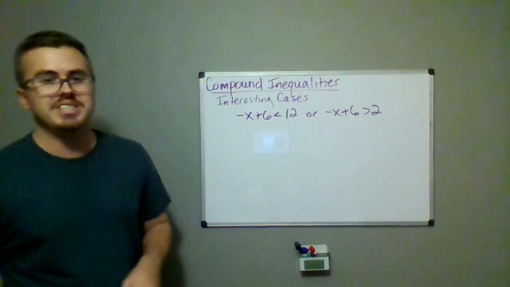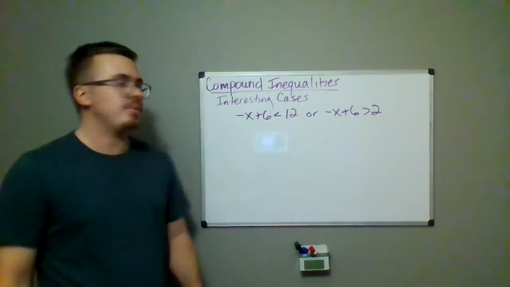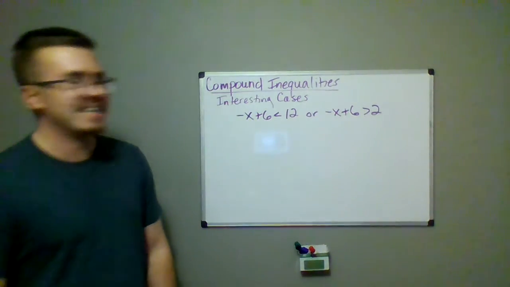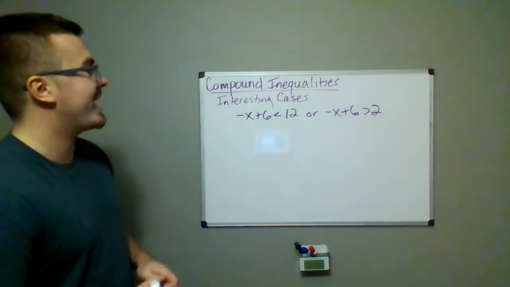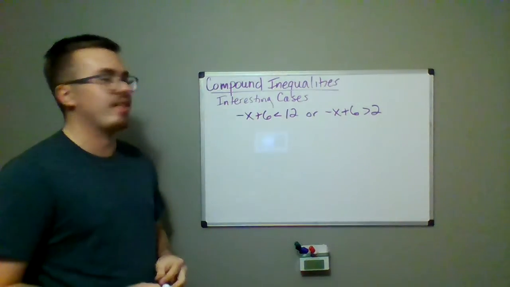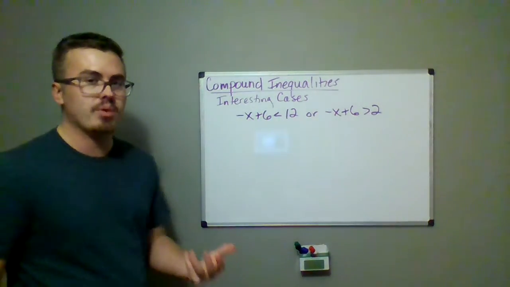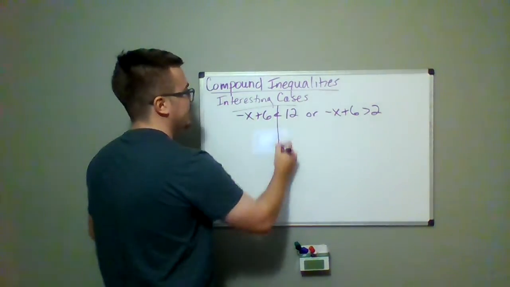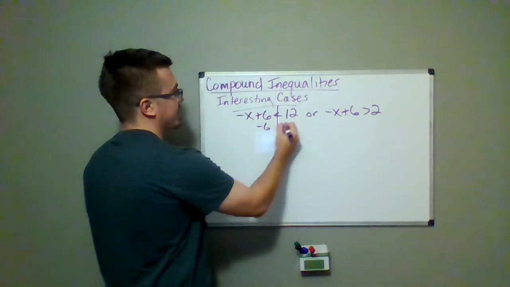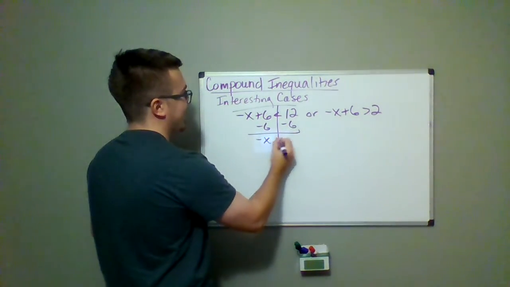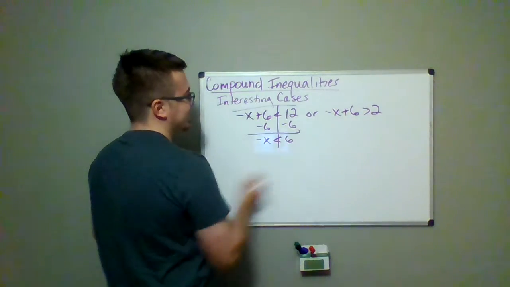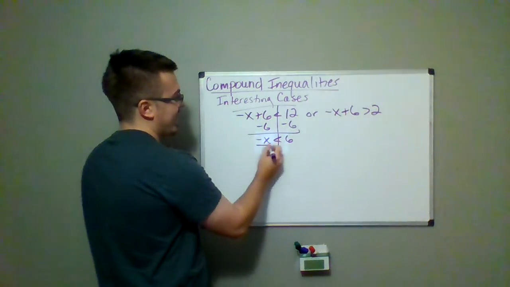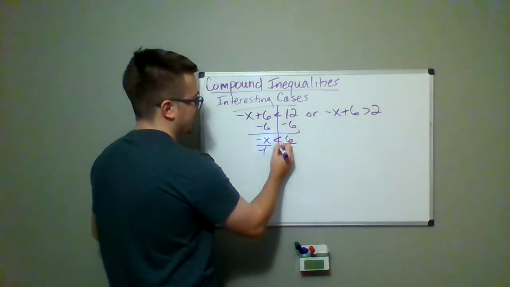Alrighty, next interesting case is another OR problem. Here we've got -x plus 6 is less than 12, or -x plus 6 is greater than 2. So same process. I'm going to go through, make my t-chart. This one's pretty easy. I just have to subtract 6, so I get -x is less than 6. Then I've got to get rid of that negative, so I'm going to divide by a -1.